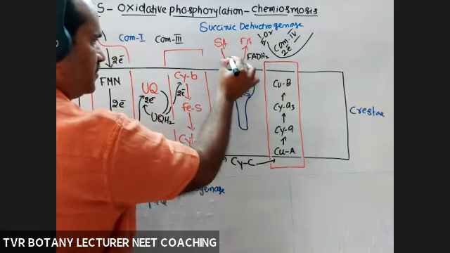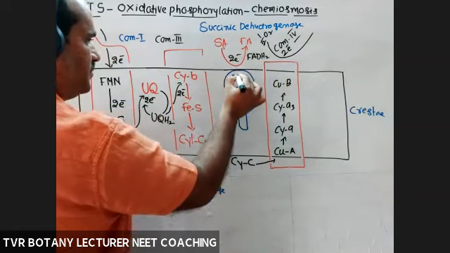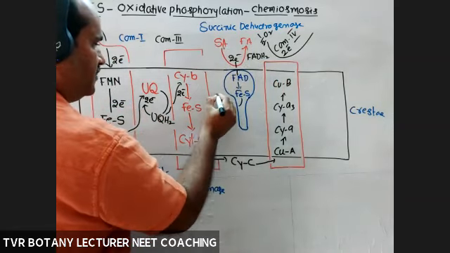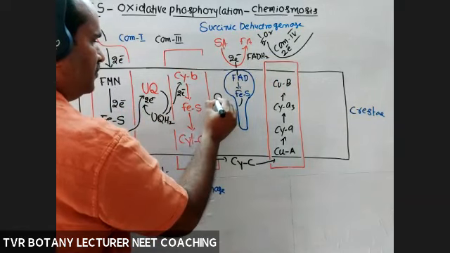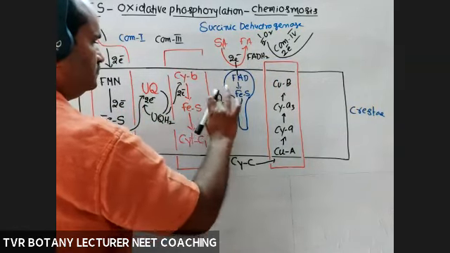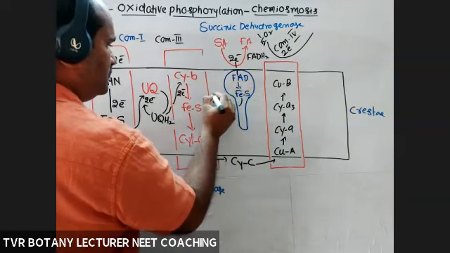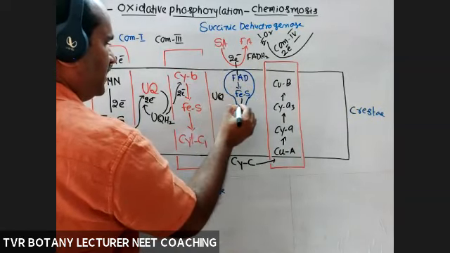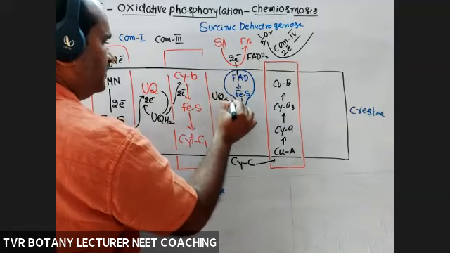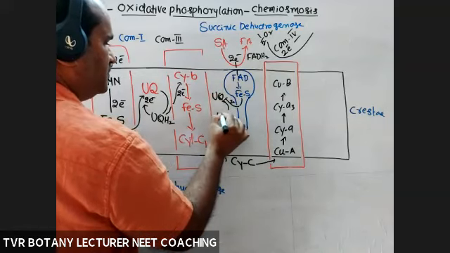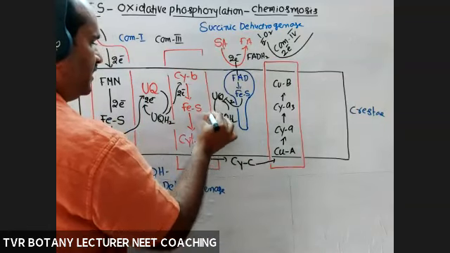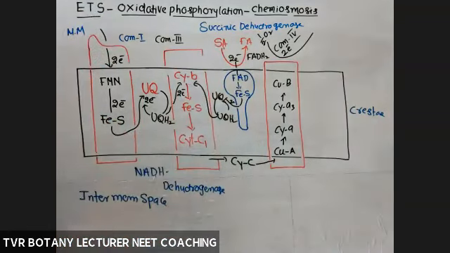If FADH2 is oxidized, 2 electrons. What about the flow of electrons? 2 electrons. In your textbook, ubiquinone: 2 electrons accepted by that, reduced, and oxidized, and electrons accepted by this one. Okay, right?